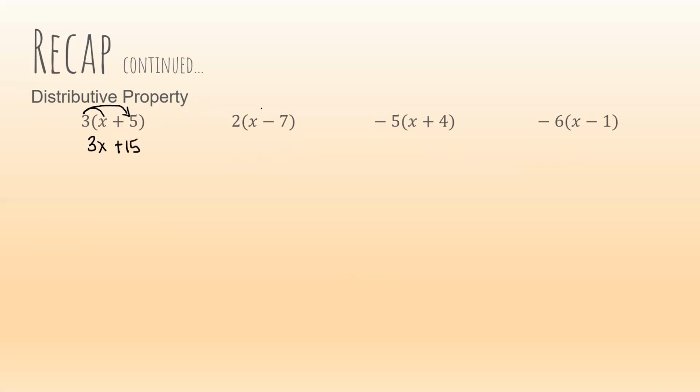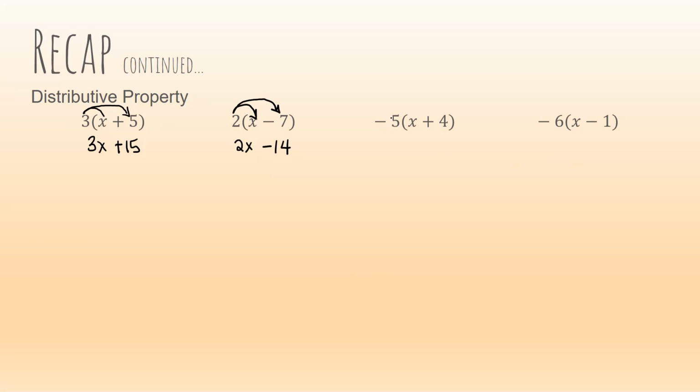There's a few more examples, so we're just going to go through all of them. We have 2 times x, which is 2x, and then 2 times a negative 7, which is negative 14. So it reads as 2x minus 14.